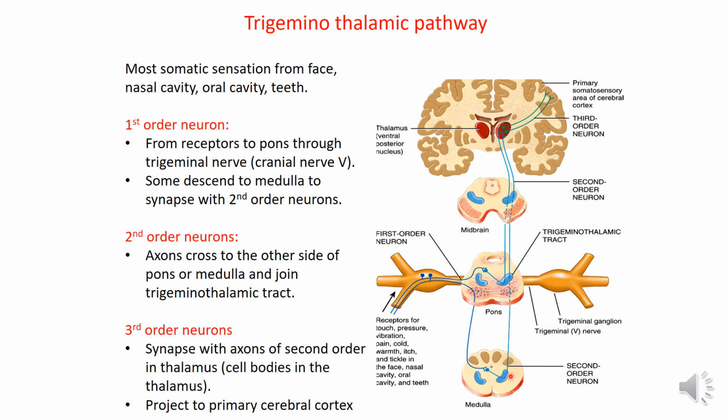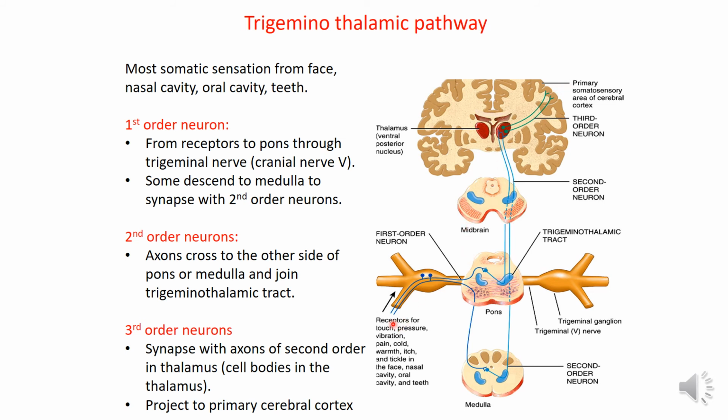Then the second order neuron starts from the pons or from the medulla oblongata, and crosses to the opposite side to ascend in the trigemino-thalamic tract, or trigeminal lemniscus, to terminate in the thalamus. Then from the thalamus it goes to the area of the face in the primary somatic sensory area. That is the trigemino-thalamic pathway.